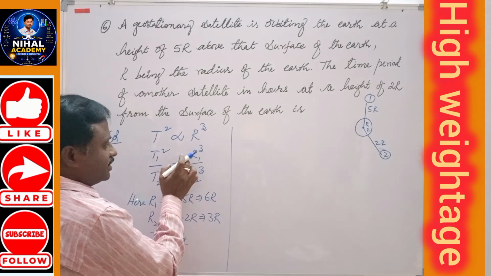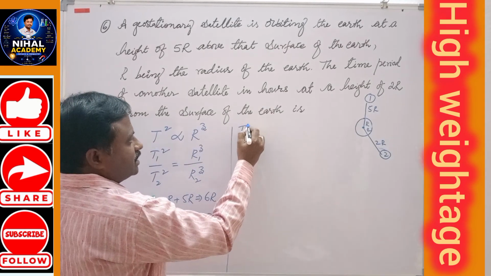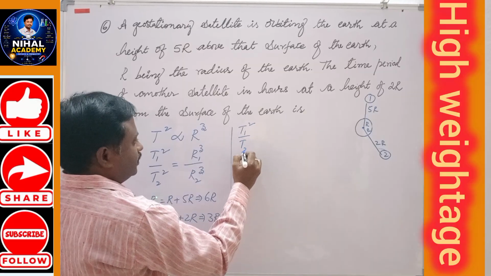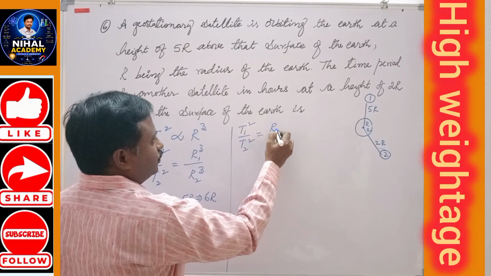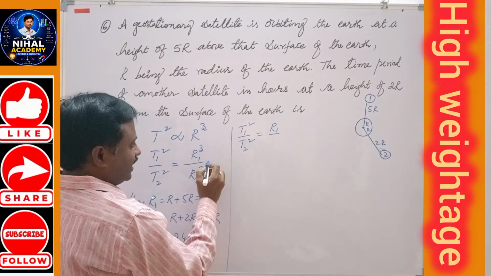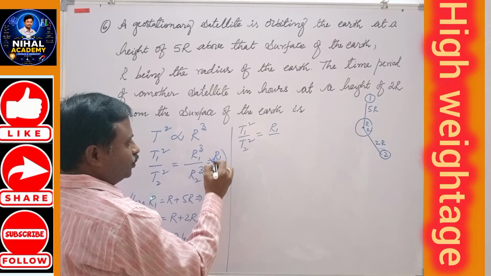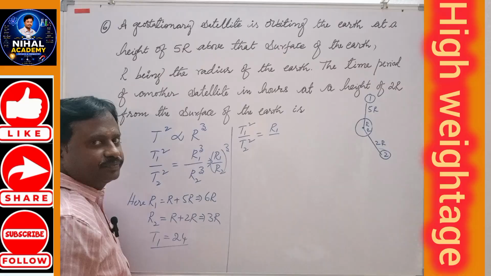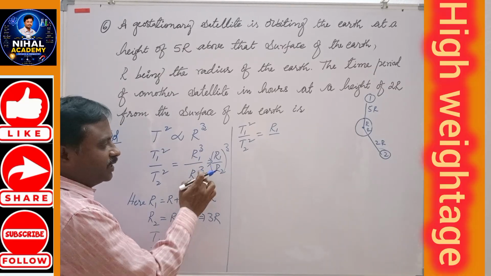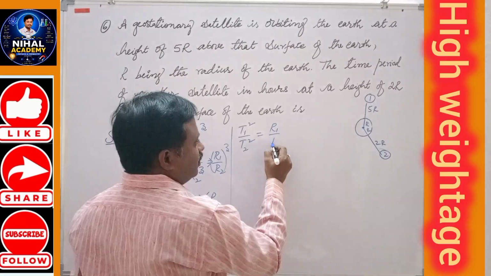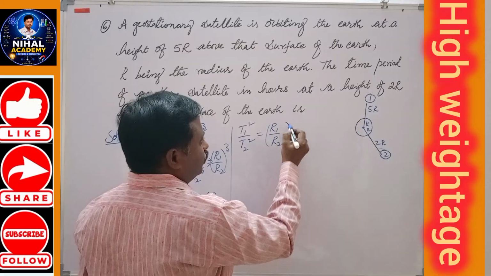We take this relation, T1 square by T2 square is equal to R1 by R2 whole cube.